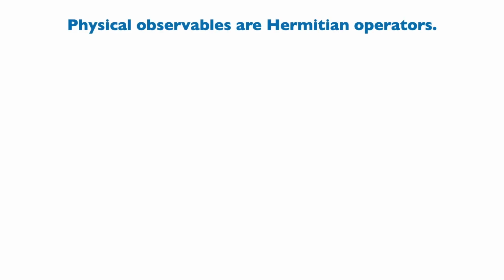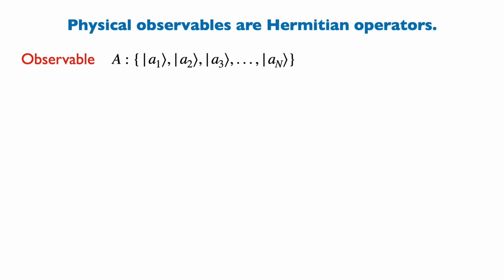We will now show that physical observables are Hermitian operators. Recall that an observable A is defined by a vector basis where each element corresponds to a possible measurement outcome. For each outcome, one gets a measured value, which is a real number.